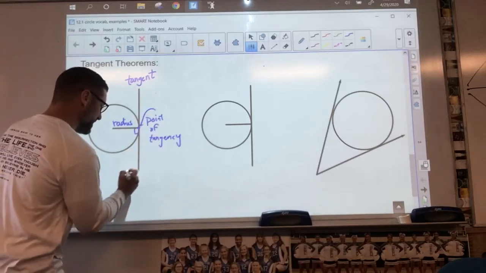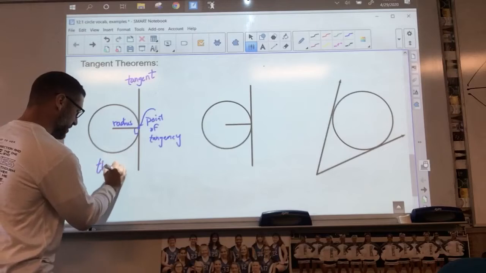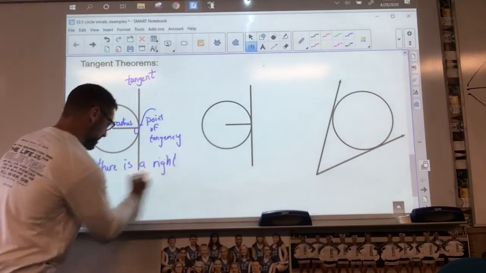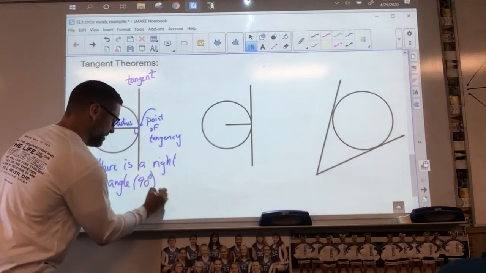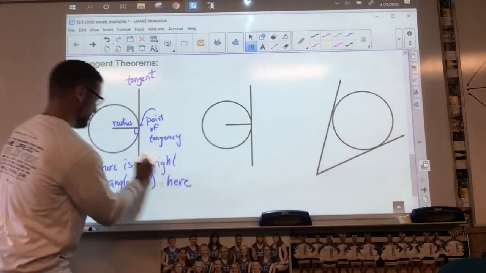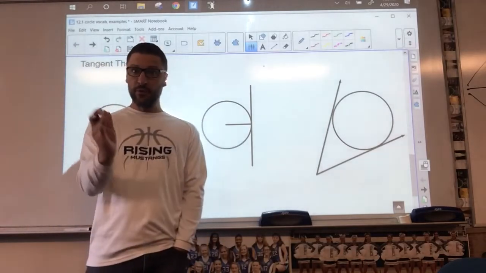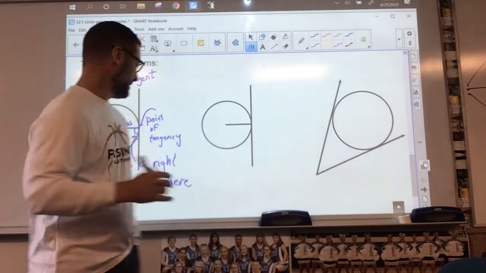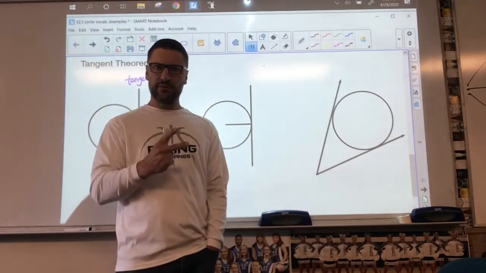So at the point of tangency with the radius, there is a right angle, and we know that's 90 degrees here, right here. Okay? So that's number one. If you have a tangent and you have a radius at the point of tangency, they come together, there's a right angle. Theorem number two is the same thing in reverse.